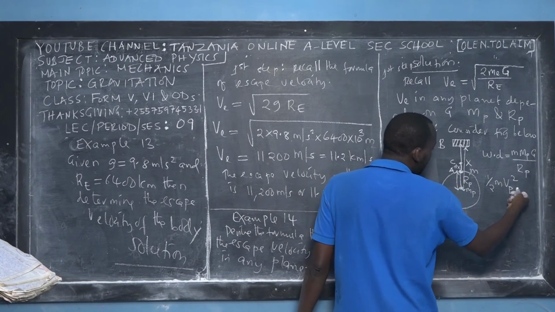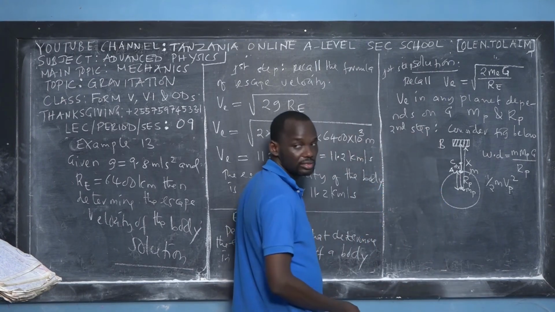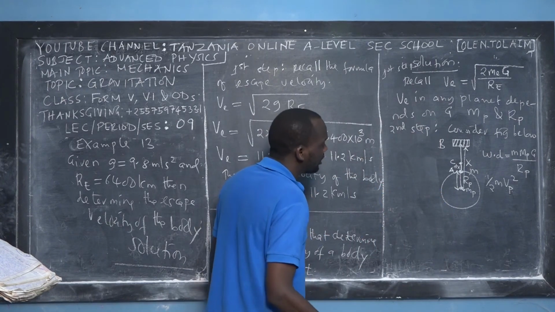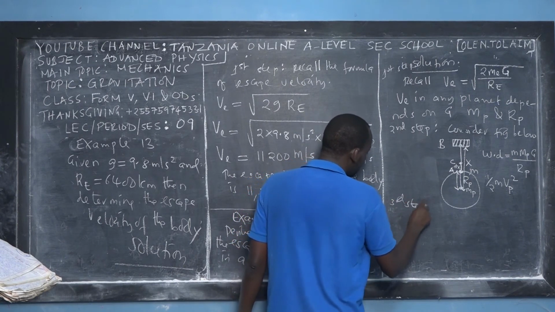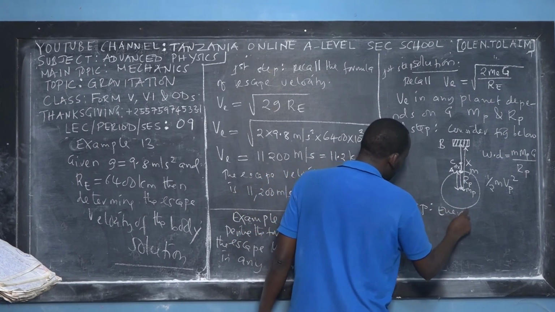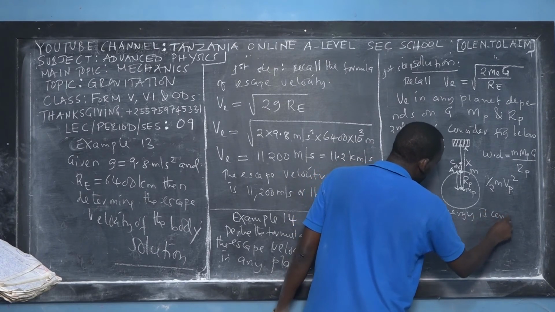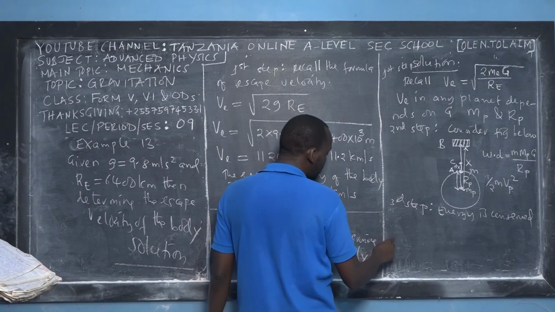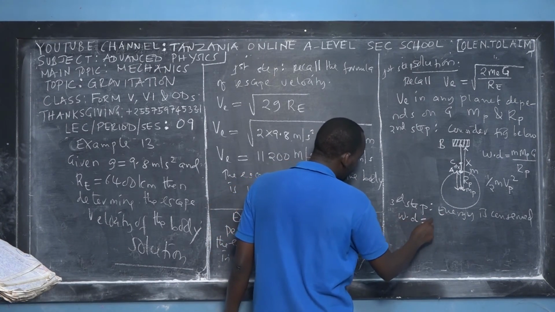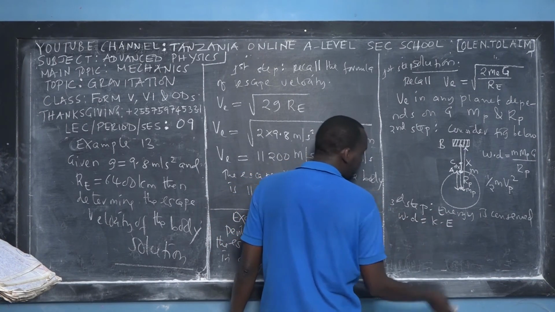So this is step 1 and step 2. Energy is conserved, right? So if energy is conserved, then in the third step, the work done is equal to the kinetic energy gained by the body.